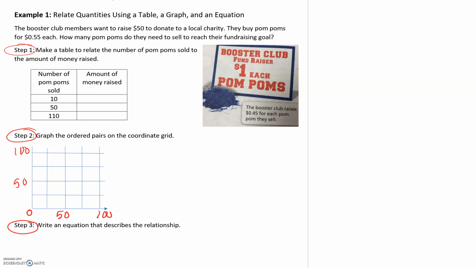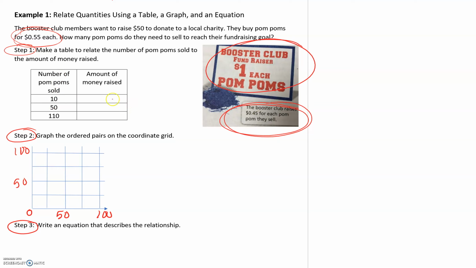Now, the first thing we have to look at is over here. The Booster Club is fundraising $1 for each pom-pom, but they have to pay a price of 55 cents each for the pom-poms. So they're not actually making $1 every time they sell a pom-pom. They're actually making 45 cents for each pom-pom. To fill in my table, I thought, if I sell 10 pom-poms, how much money am I actually raising?